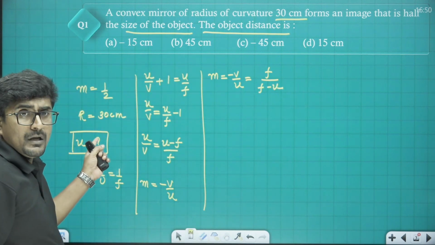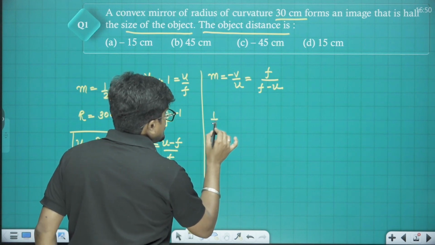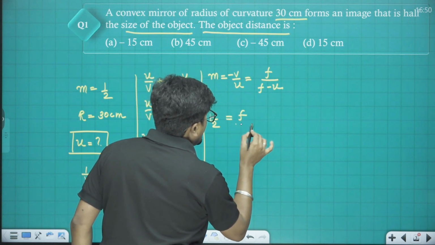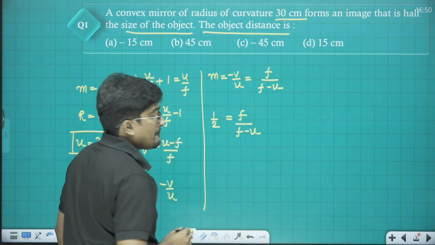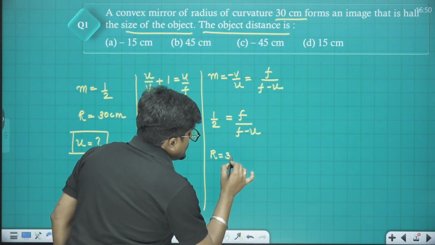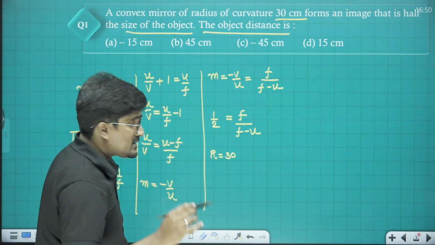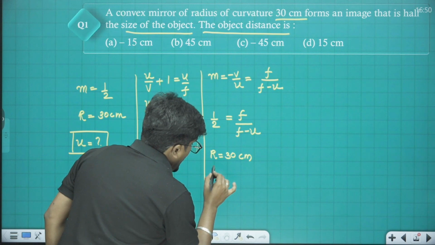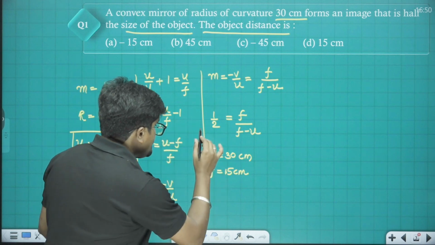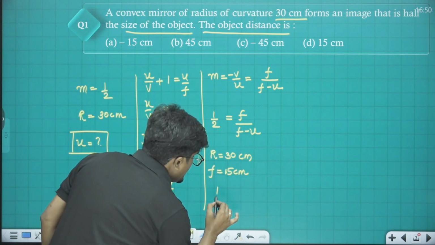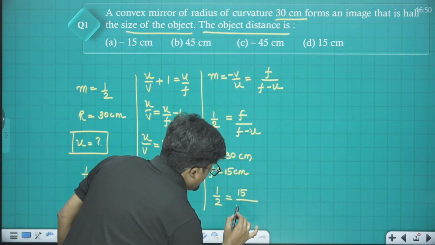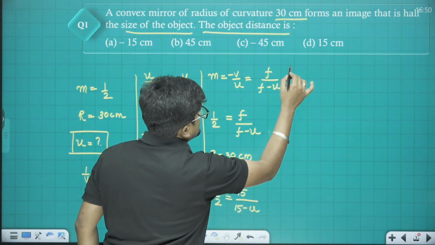And we know the value of m. m is 1 by 2. So 1 by 2 equals f divided by (f minus u). Now, we know that R is given as 30 centimeter. So f needs to be 15 centimeter. Thus substituting that value, 1 by 2 is equal to 15 divided by (15 minus u).